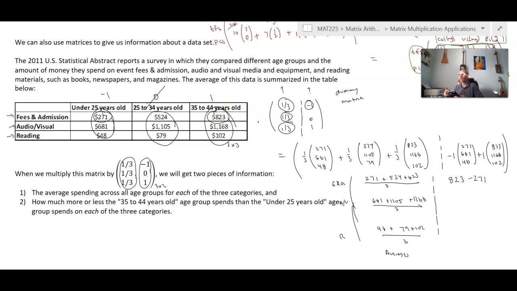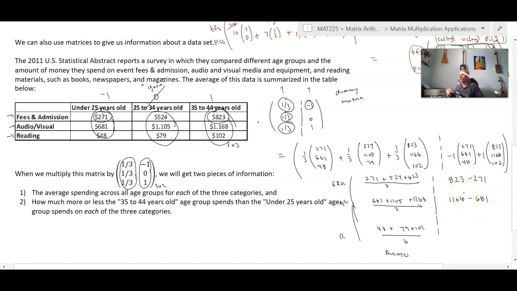Well, what about the 25 to 34-year-olds? Well, that zero scalar allowed us to effectively ignore the second column. Now, we didn't ignore it. We still multiplied it by something, but it didn't affect the final result. In our second row, we'll get, by the same logic, 1168 minus 681. So we can see that 35 to 44-year-olds is going to be a positive number.